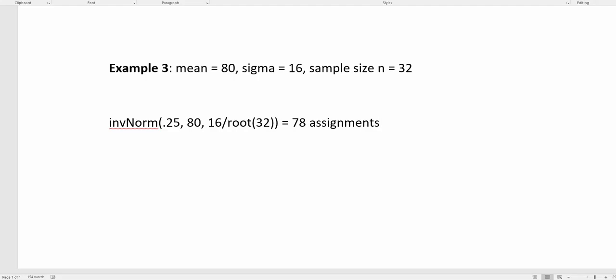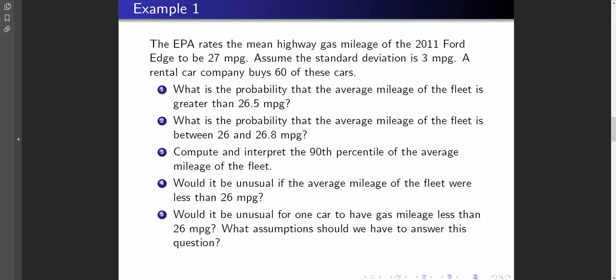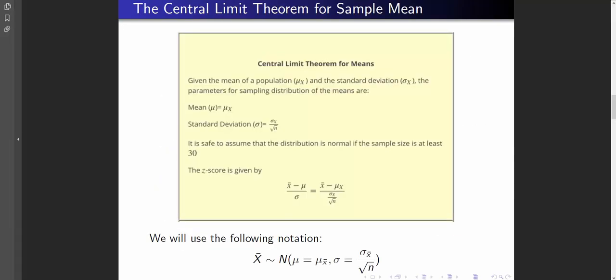Let's go back to the statement of the theorem and reiterate what it's telling us. If you have a population with known parameters, mean and standard deviation, then if you take a sample large enough, 30 or bigger, the distribution of the sampling mean is normal, regardless of what the distribution of the population is.